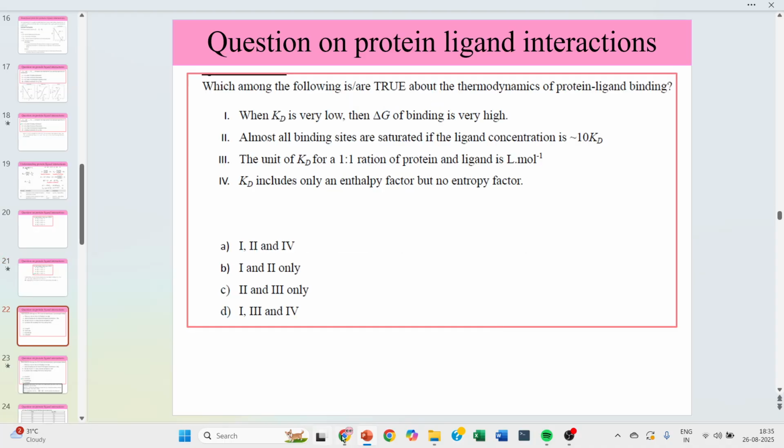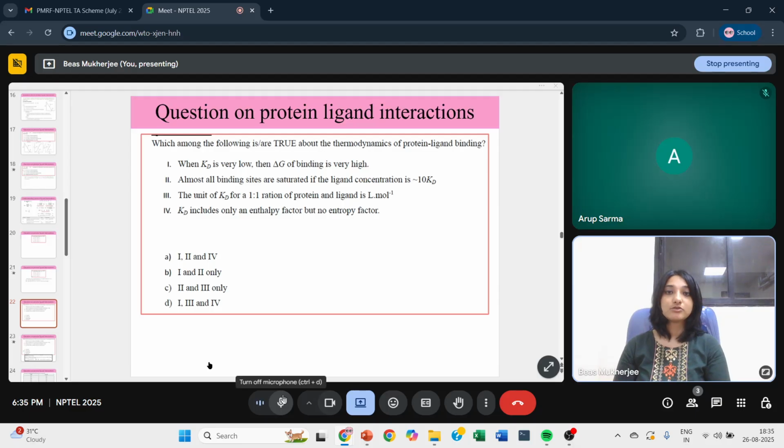Okay. Now we go to the next question. Which among the following is or are true about the thermodynamics of protein ligand binding? One: when KD is very low, delta G of binding is very high. Two: almost all binding sites are saturated if the ligand concentration is 10 times the KD.